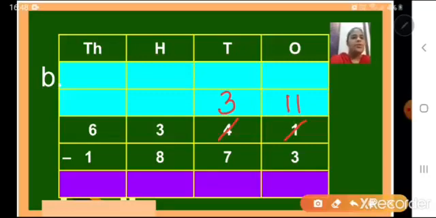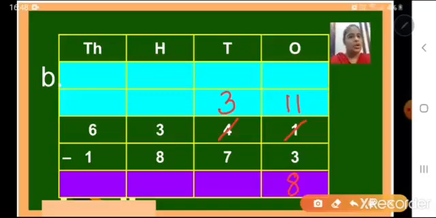Okay. Now 11 minus 3. Is it possible? Yes. So come on, tell me what is 11 minus 3? 4, 5, 6, 7, 8, 9, 10, 11. So it is 8. I will write here 8. Correct. Now in tens place we have 3 minus 7.